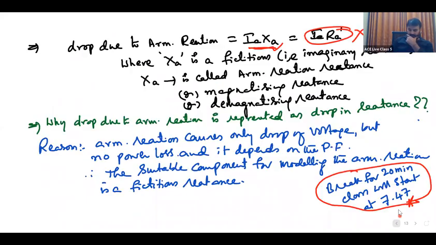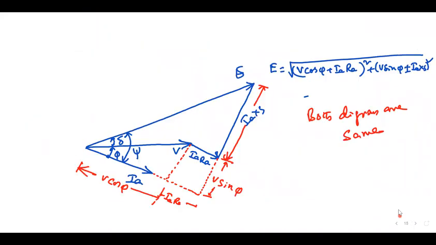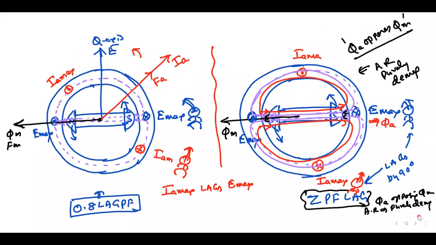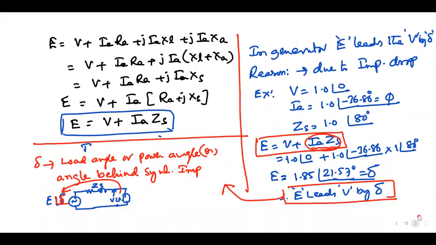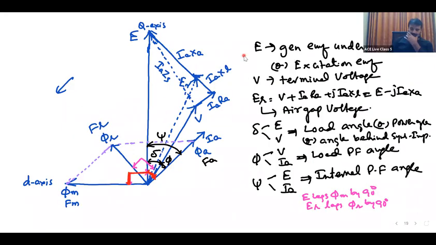Here, phi m to E, how much angle? 90. And E to the terminal voltage, how much angle? Delta. So it is 90 plus delta.